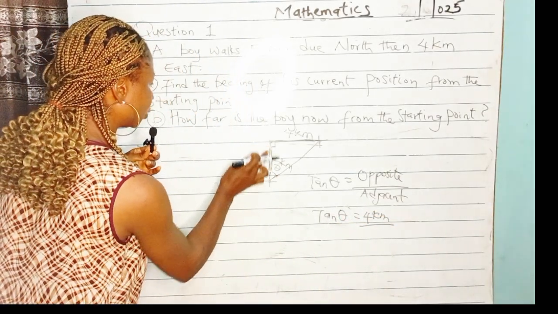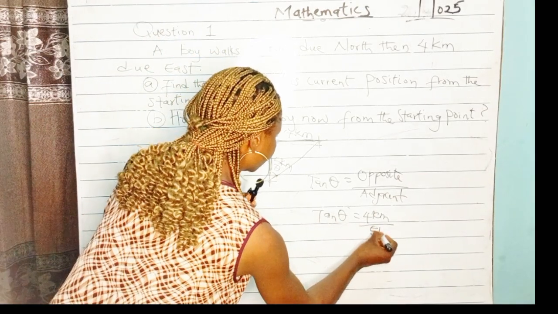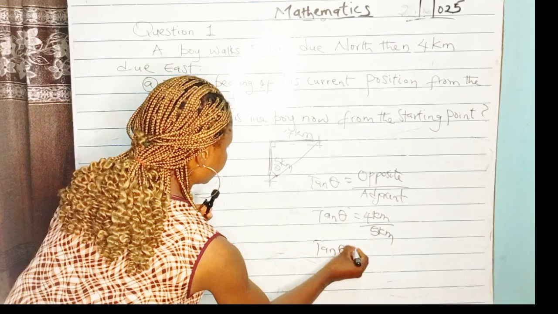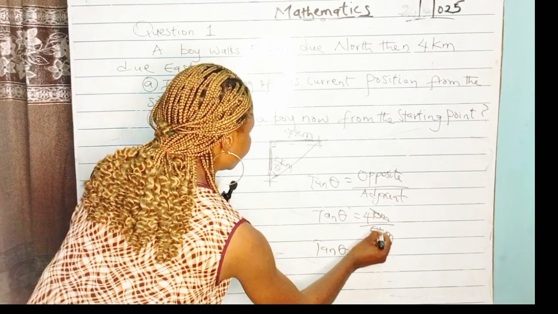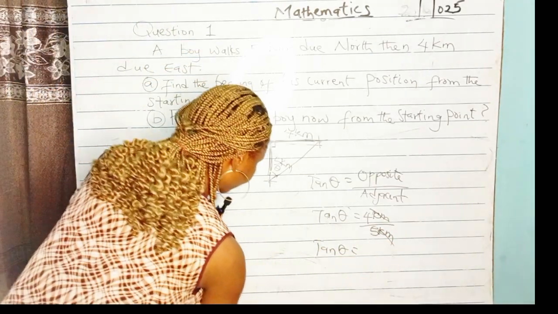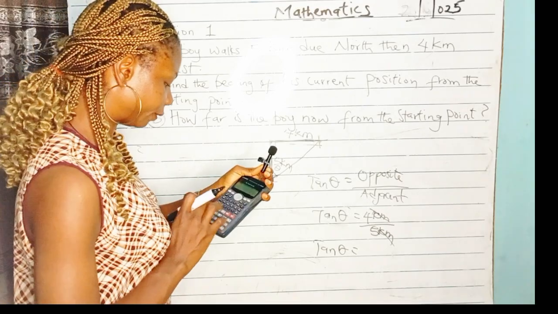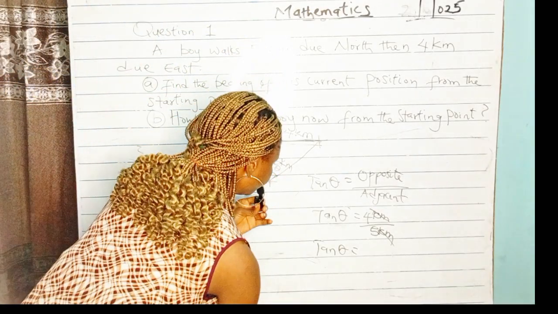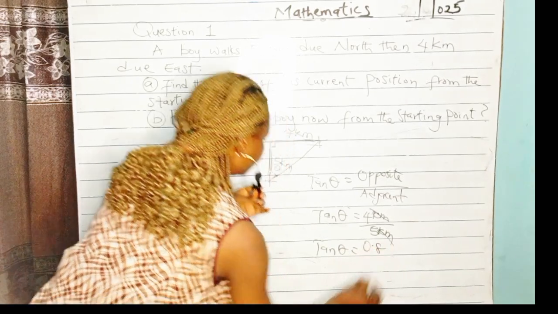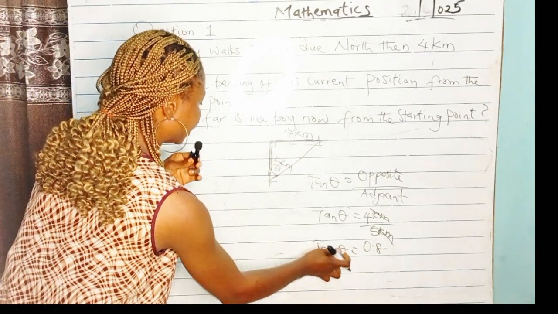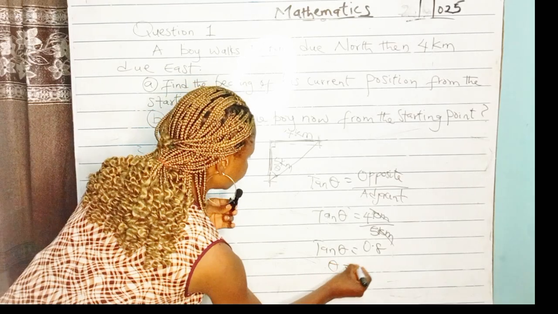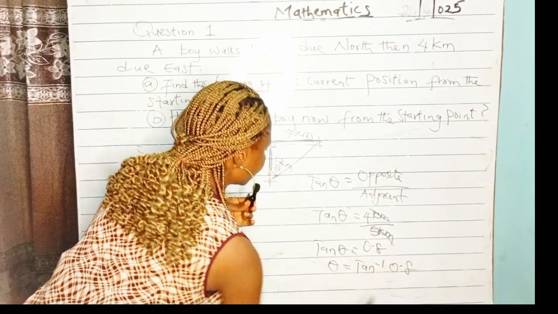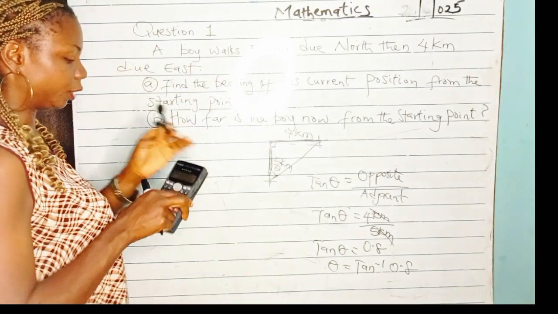That's the distance from this point to this point, 5 kilometers. That means tan theta is equals to 4 divided by 5, we cancel kilometer, we have 0.8. Okay, for us to get theta, theta is equals to tan inverse of 0.8.